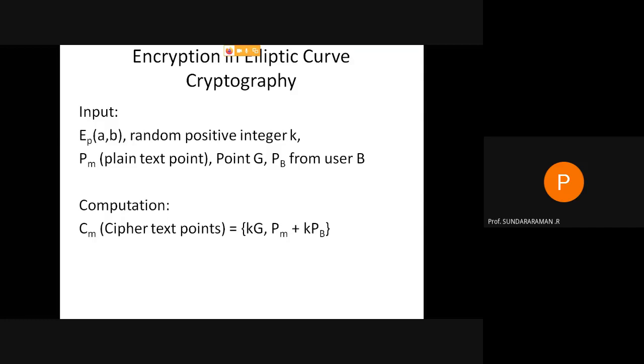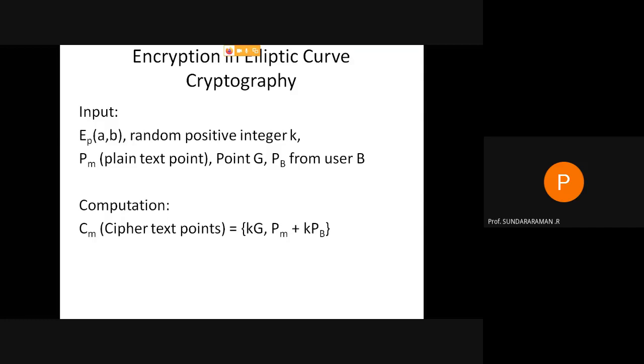Because in key exchange algorithm as well, both the users have access to point G. But in the case of encryption, only user A knows the Pm, because he uses the Pm and G to generate a pair of points Cm.